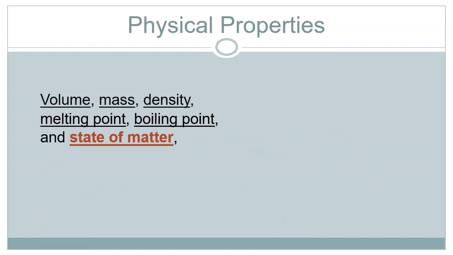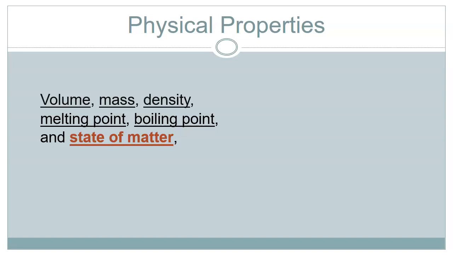The melting point of an object, the boiling point of a substance. These are also physical properties. Again, you can't just look at something and be able to tell what its melting point or its boiling point is. But again, we have tools to be able to figure that out.